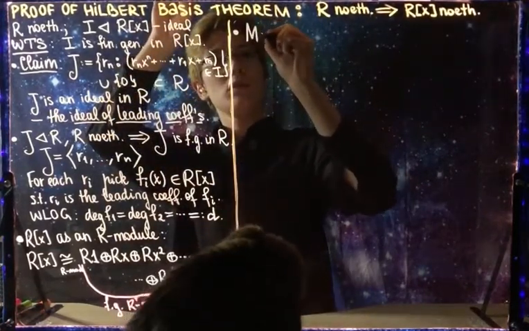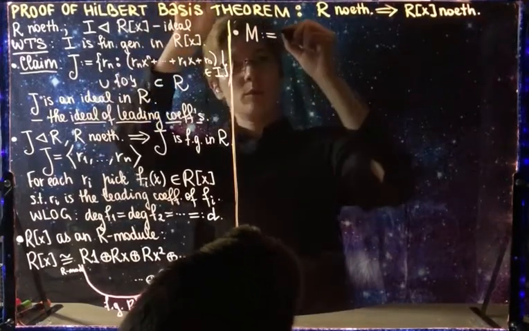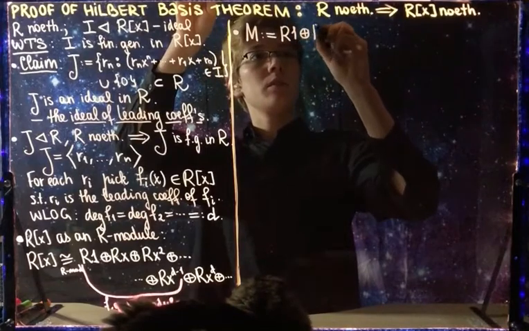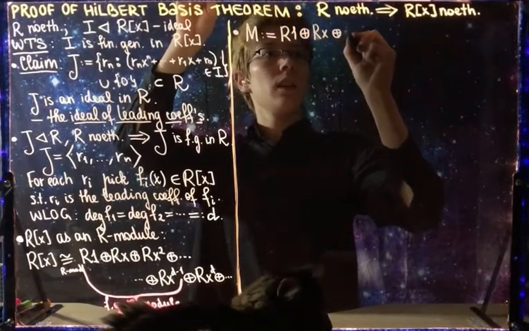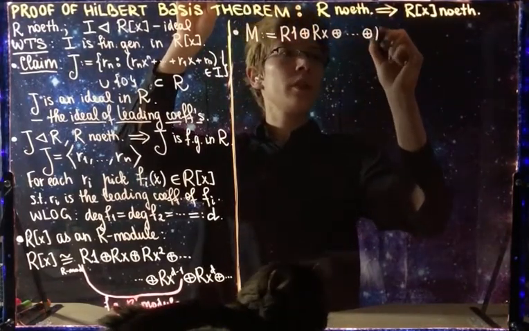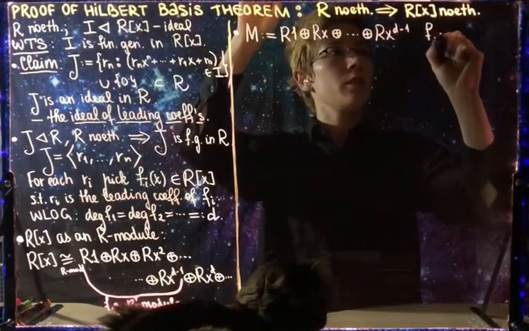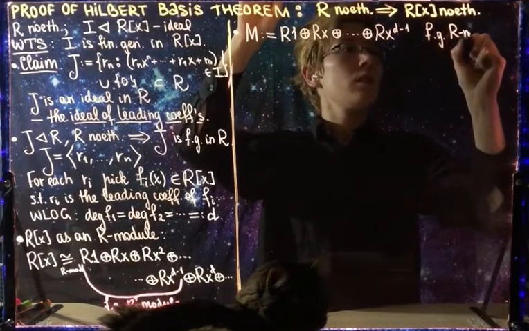So I denote this module by M. So M is freely generated by 1, x, etc., and all monomials of degree at most d minus 1. It is a finitely generated R module.